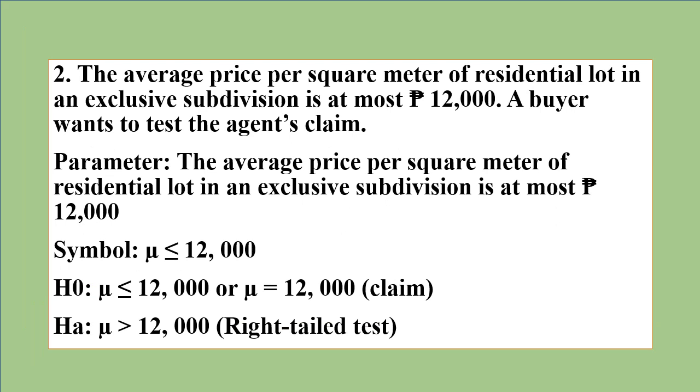Okay, another example. It is still the same as before, an example of stating the null and alternative hypothesis correctly. In continuation, in knowing whether it is right-tailed, left-tailed, or two-tailed, let's focus again on the alternative hypothesis and look at its symbol.